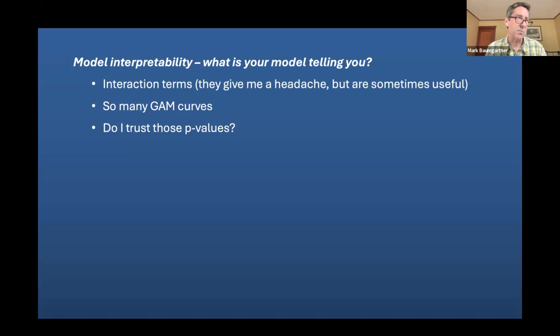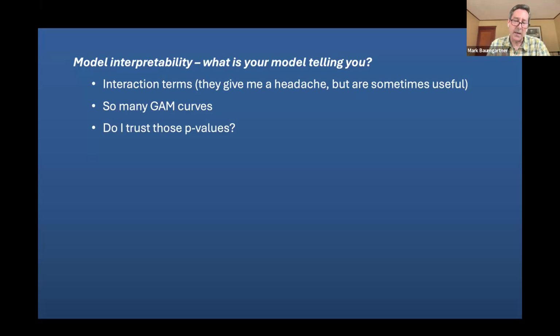I've seen many papers and presentations where the end result is like 8 GAM curves, and the person presenting it says, well, here are the results, and usually they don't say what it means, because it's very difficult to interpret 8 different associations between your dependent variable and 8 different environmental variables and say something meaningful about what's actually going on. So be intentional about the variables that you use and what you would expect to get out of a GAM curve, or a set of GAM curves.